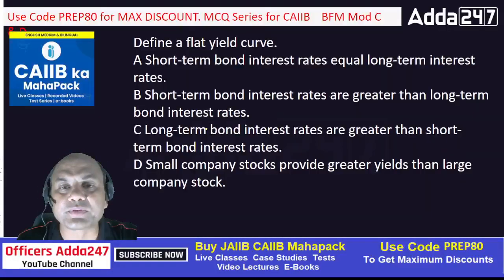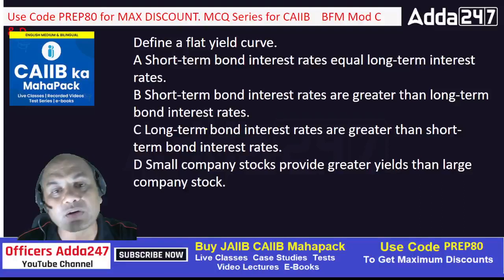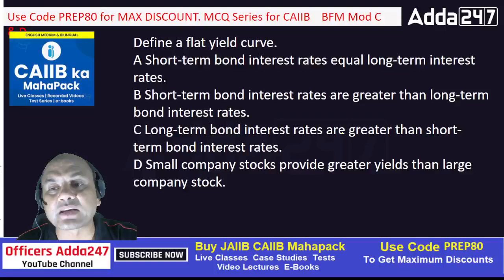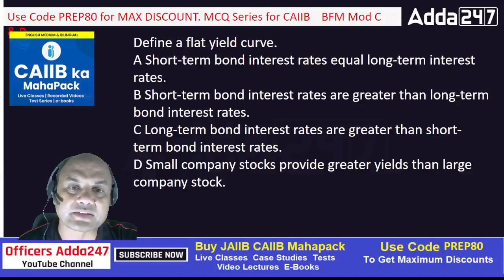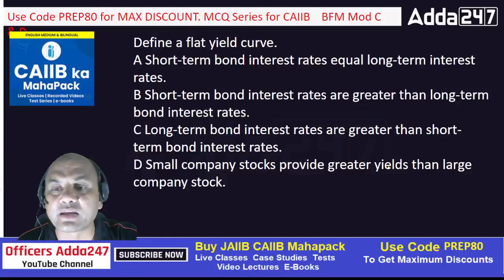Define flat yield curve. A: short-term bond interest rates equal to long-term interest rates. B: short-term interest rates are greater than long-term interest rates. C: long-term interest rates are greater than short-term interest rates. D: small company stocks provide greater yields than large company stocks. So what can be the answer?